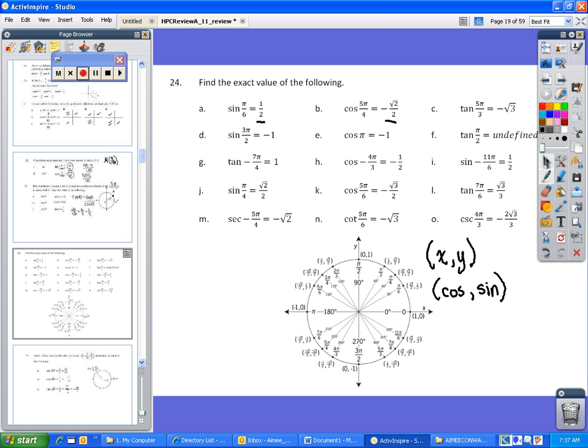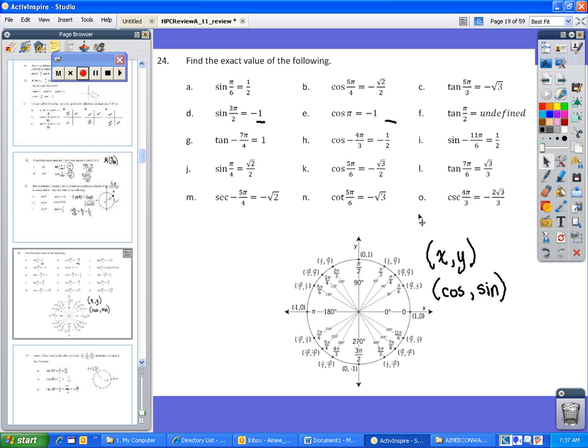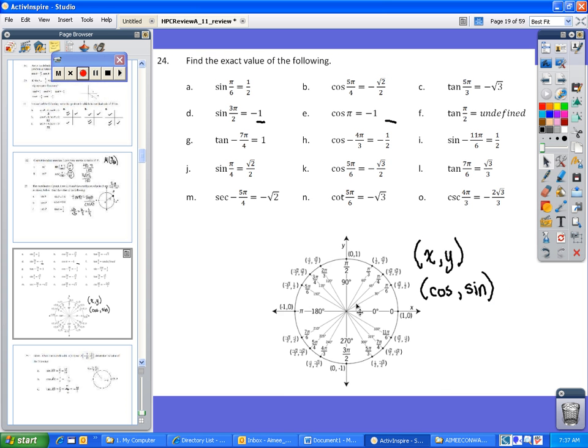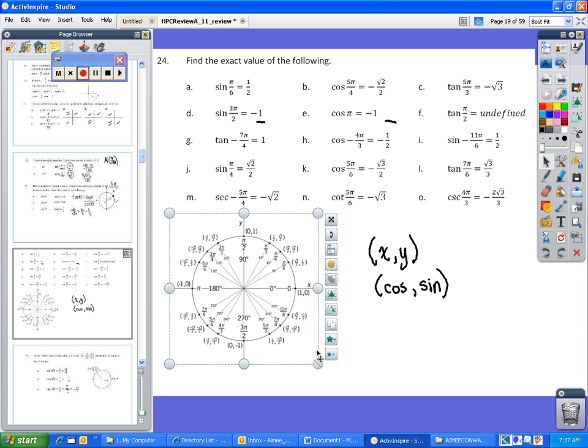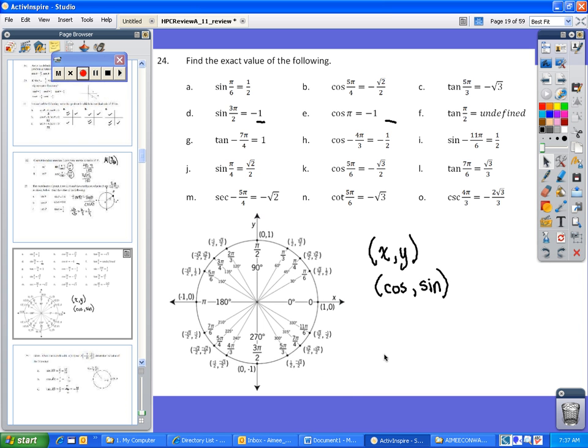Another thing that you need to be aware of is the value of tangent at each of the given angles in the first quadrant. So tangent is equal to sine over cosine.